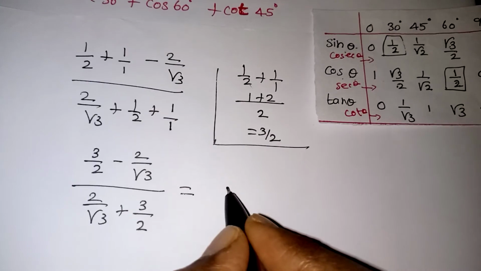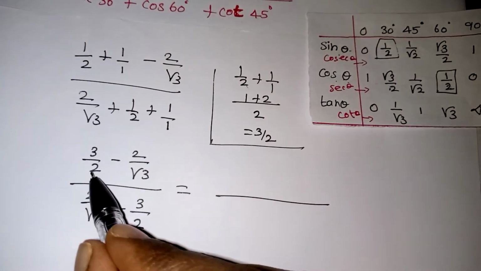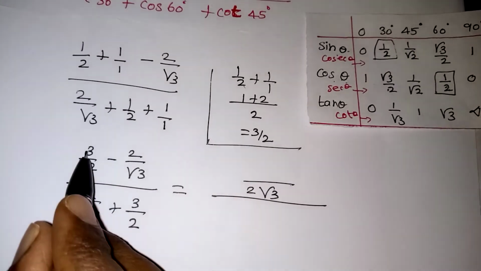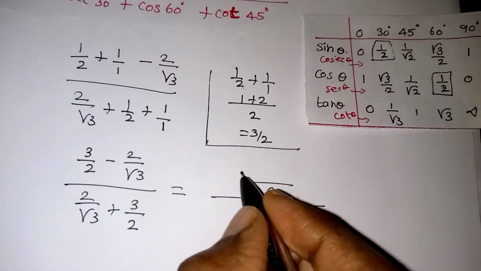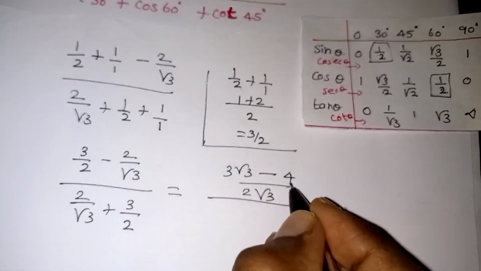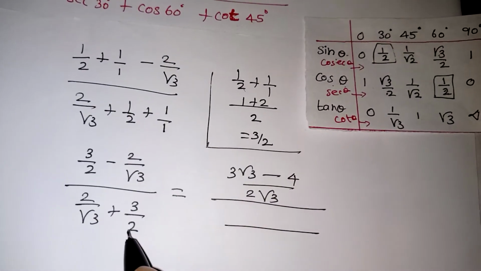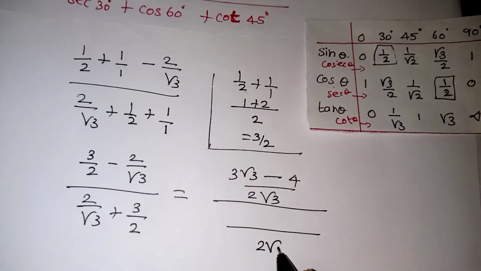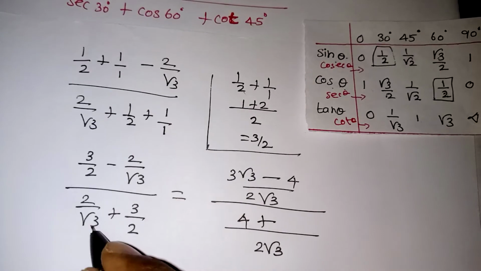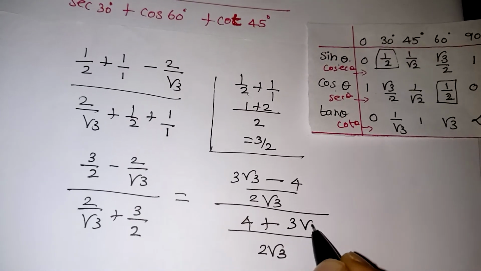For 2 and root 3 the LCM is 2 root 3. So here this root 3 will be multiplied here. Root 3 into 3, 3 root 3 minus 2 2s are, it will be 4. Denominator again, for 2 and root 3 the value will be 2 root 3 is our LCM. So 2 2s are 4 plus 3 into root 3, 3 root 3 we are getting.